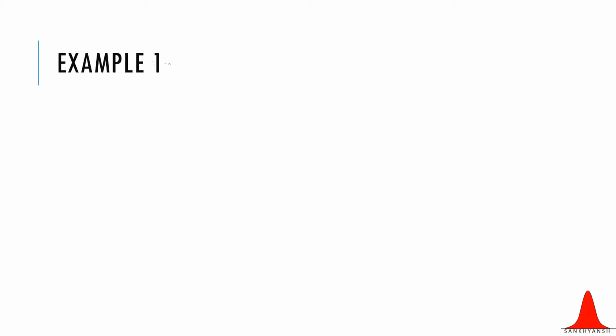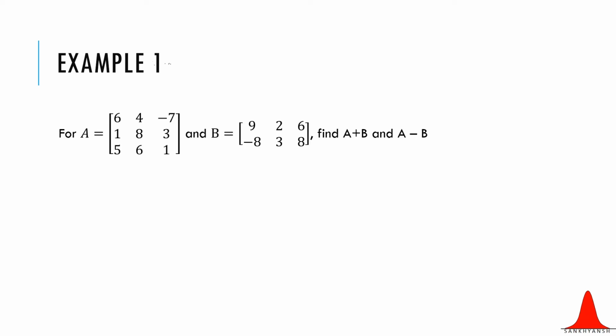Let us take an example. Here the question says that we have to add A and B and then subtract B from A. Now we just saw the rule that matrices can be added and subtracted if and only if they are of the same order.